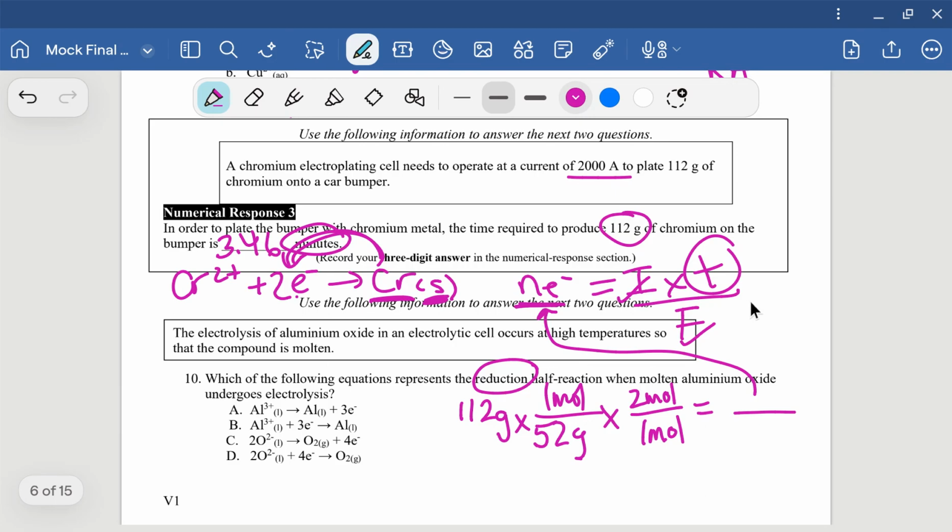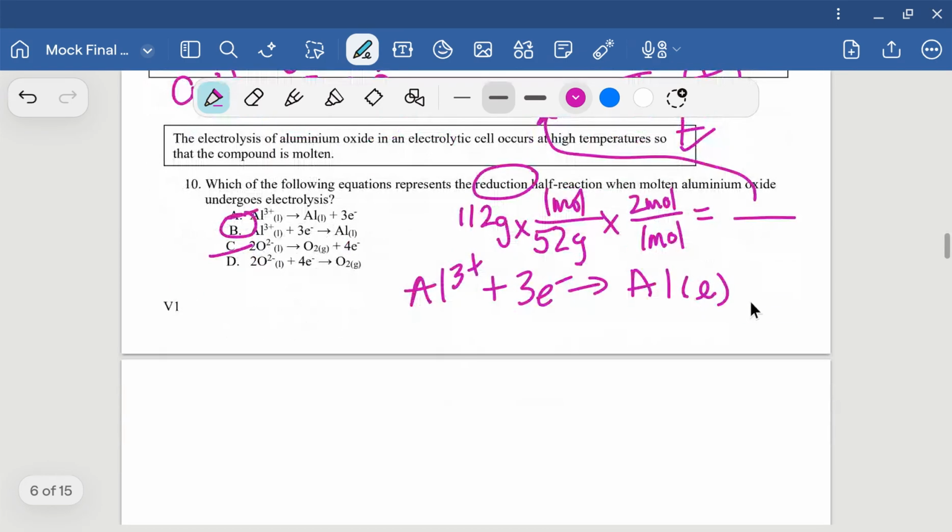So you can rule out A and you can rule out C because those are not gaining electrons. Now, looking at what's happening with this one, if we wrote it all out, from the half reaction, aluminum 3 positive would have to gain 3 electrons to make aluminum liquid. So that is the one that would end up working out just for that compound.